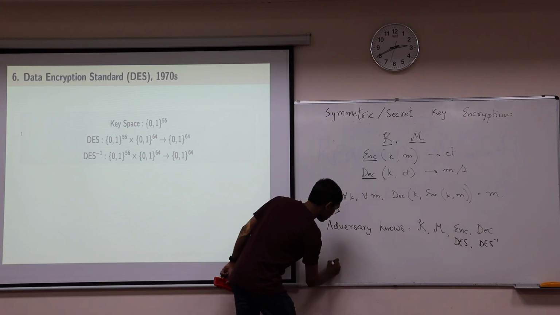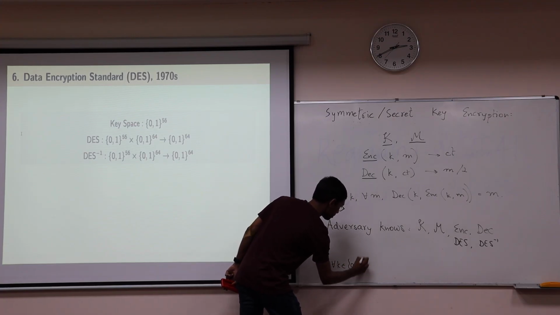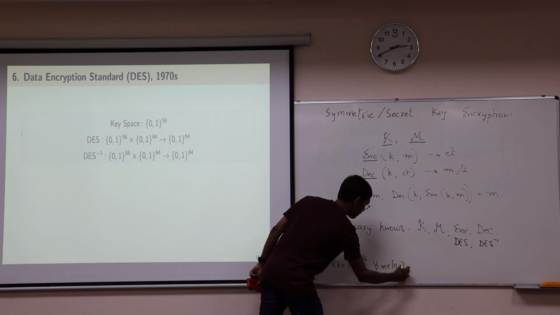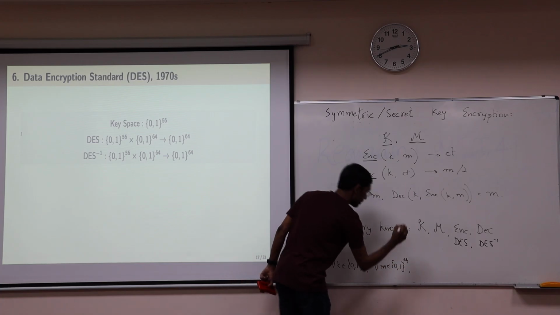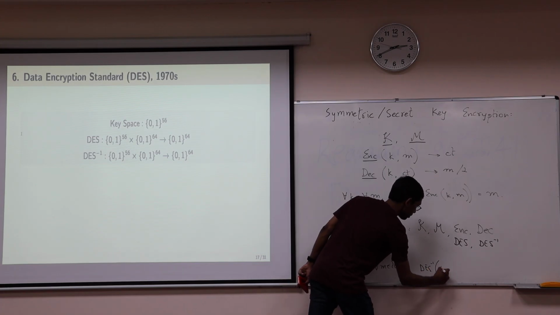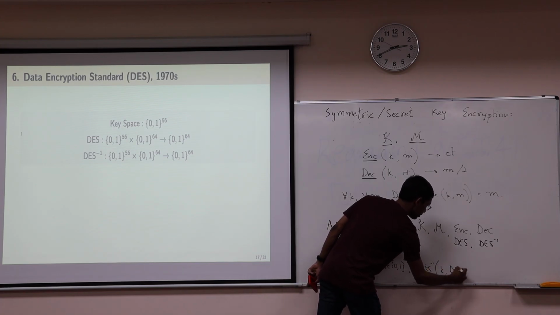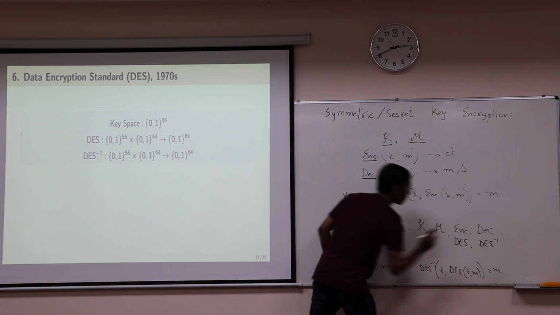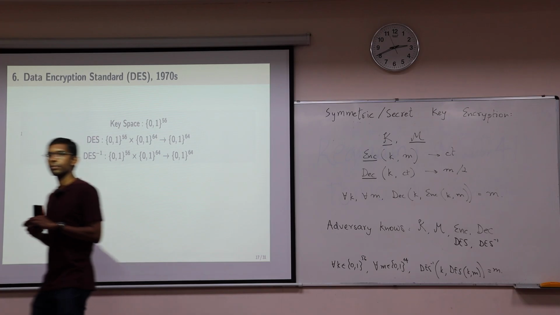And from correctness, we know that for all k in the key space, for all messages m in the message space, if I apply DES inverse on the DES encryption, this should give us back m. Okay?